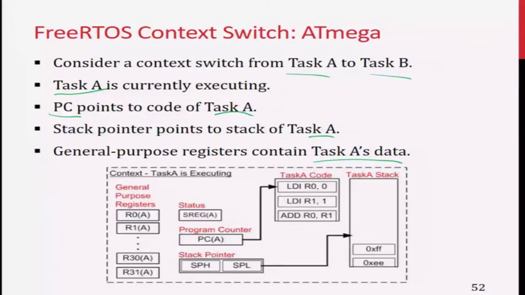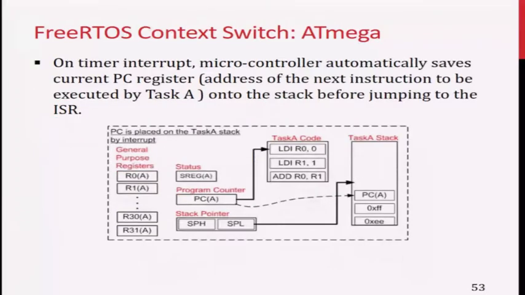Now I'm saying that I want to make a switch. So I need to make sure that the program counter value is also pushed onto my stack. Once my program counter value is pushed onto my stack, I know this is where I left off, correct?